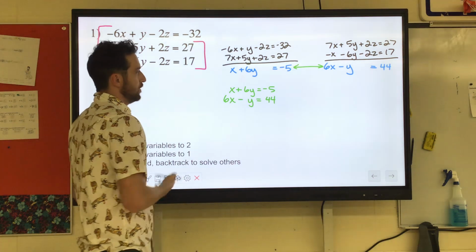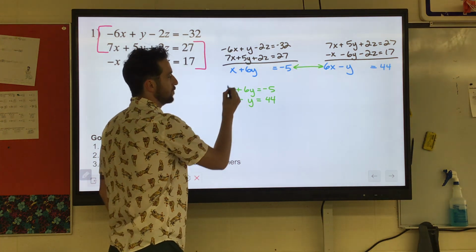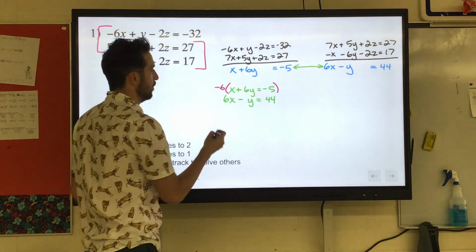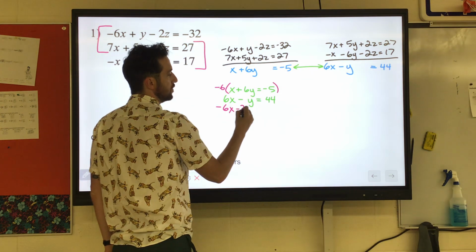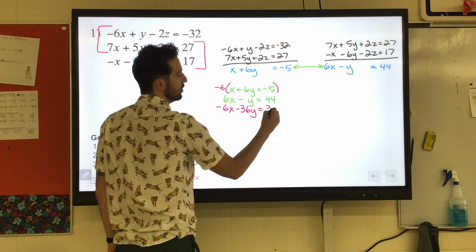But here we are. Let's just take the top equation, look at the x's. I have x and 6x, so I could just multiply the first equation by negative 6, and we'll be good to go. That would give us negative 6x, negative 36y, and then negative 6 times negative 5 is positive 30.